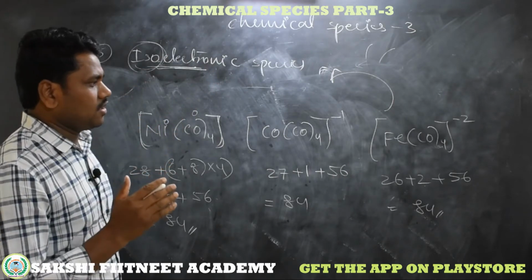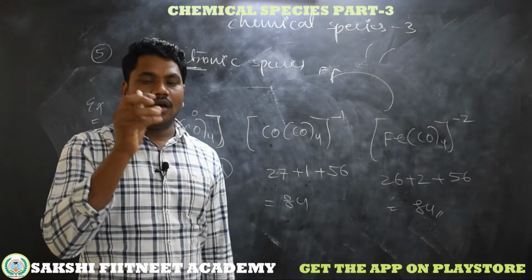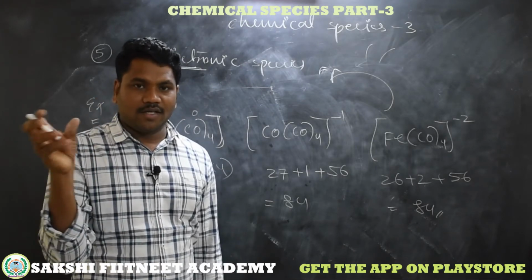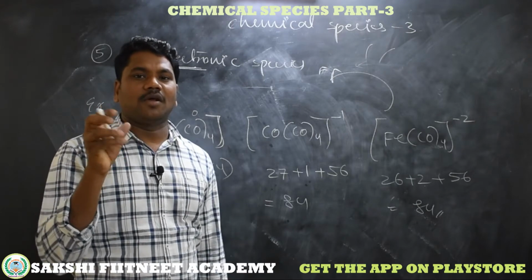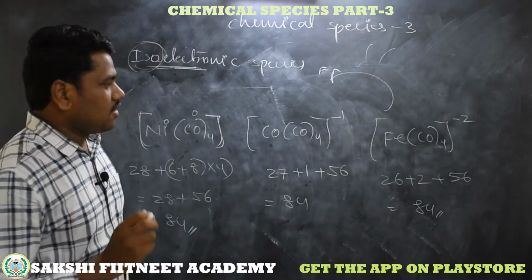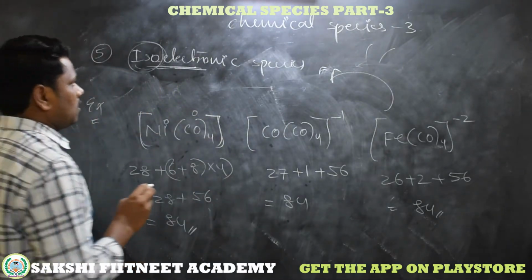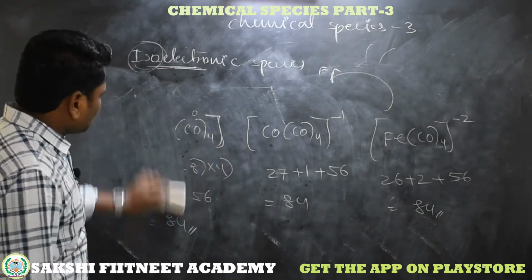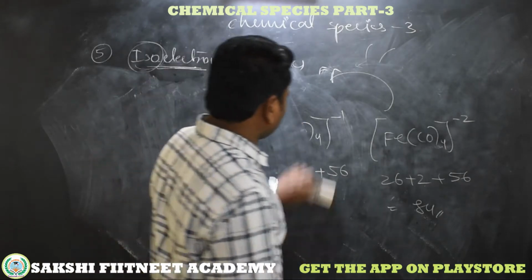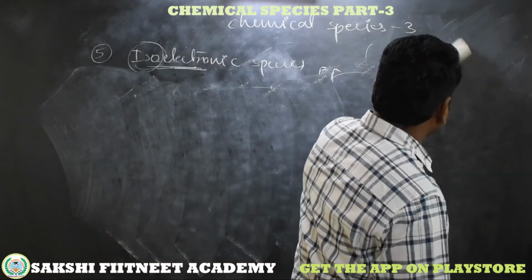The second definition is that a set of fragments, whether atoms, ions or compounds, having the same number of valence electrons, are also called isoelectronic species. So now we'll discuss isoelectronic species which have the same valence electrons.